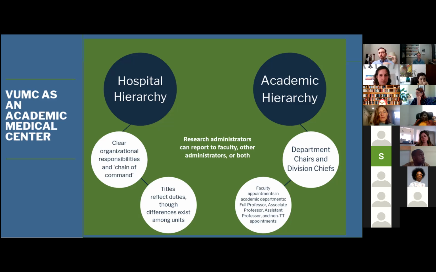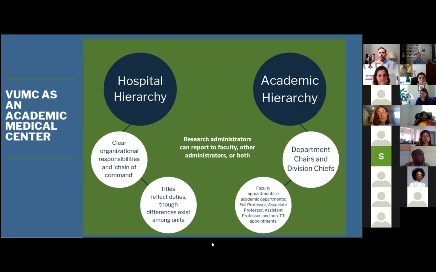Like you have more kind of what you would expect from an organizational hierarchy. But then some of our institutions also have these academic hierarchies where you have department chairs, division chiefs, and lots of different faculty appointments, depending on what someone's role is, that may or may not be clear as to where they fit into the hierarchy.